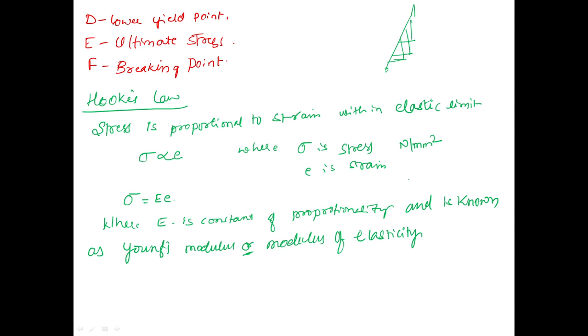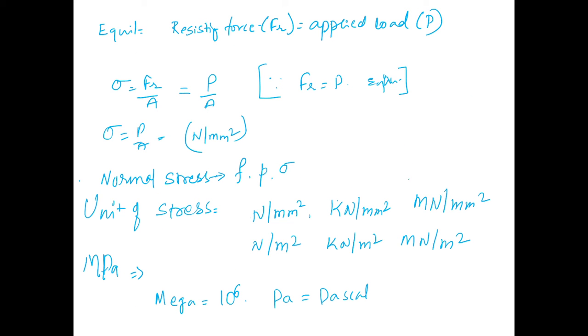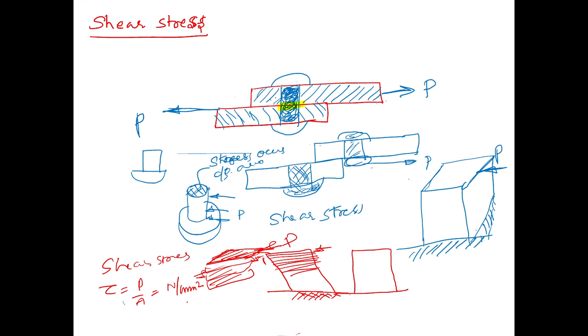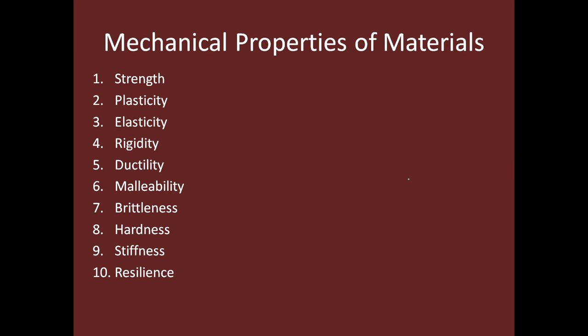Before going to the next bit, let us go over the different mechanical properties you come across. Mechanical properties of a material: based on this, we can find the tensile strength, yield strength, upper yield strength, lower yield strength, ultimate strength, and breaking strength.